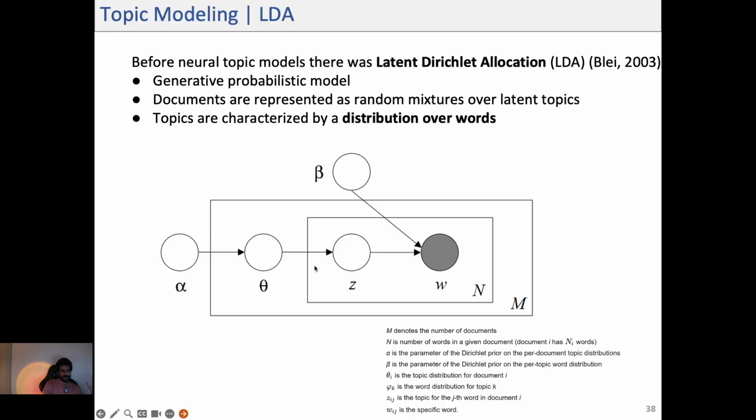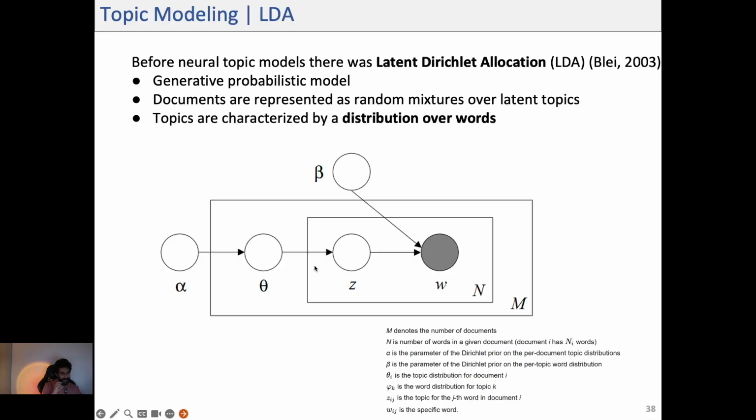So let's recap the notation. M is the number of documents. N sub i is the number of words in document i. Alpha is the Dirichlet prior for topic mixtures per document. Beta is the Dirichlet prior for word distribution per topic.